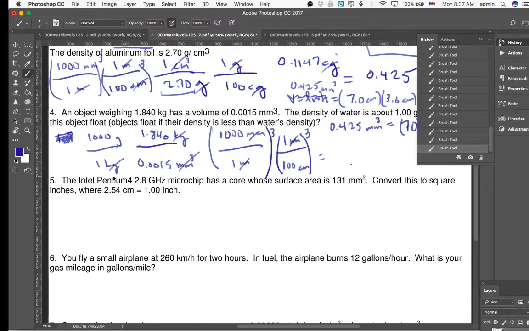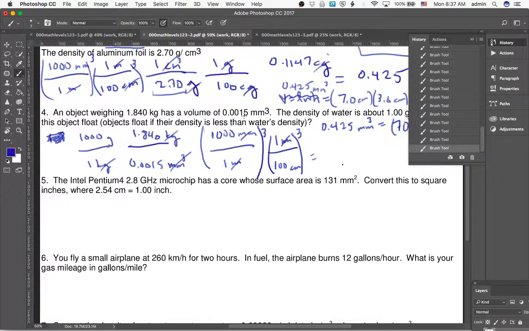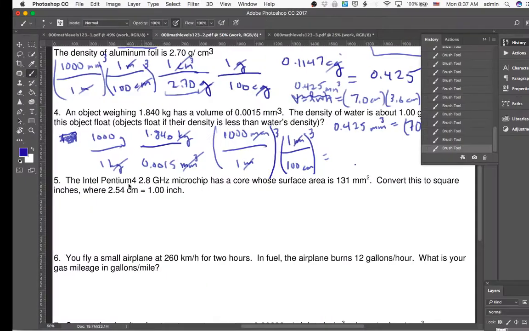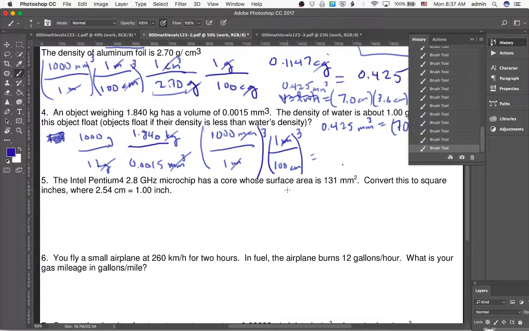How many significant figures have I got here? 2 significant figures right there. 0.0015, it's 2 significant figures. So it's going to be 1.2 times 10 to the 1, 2, 3, 4, 5, 6, 7, 8, 9. So the answer is a billion. 1.2 times 10 to the 9th grams per centimeter cubed.